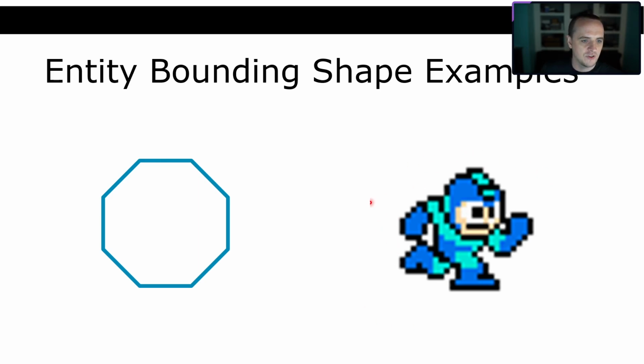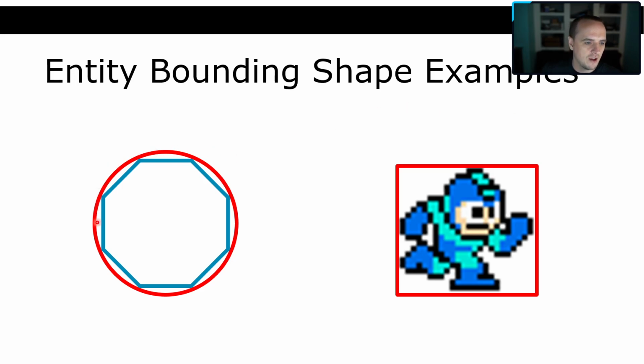So Mega Man is obviously more complex than this octagon. We are going to choose some simpler or the simplest possible geometric shapes, which intuitively enclose those objects. So here we could approximate this octagon with a circle, right? So anything in our game that interacts with this bounding circle is going to mean that it has interacted with the octagon.